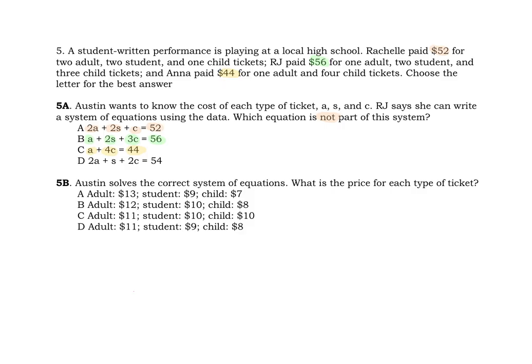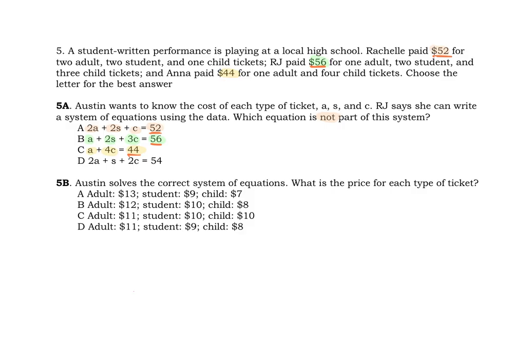So I can see the $56 and 56 here. And it's 1 adult, 2 student, and 3 children. And then Rachel's 52, and that's 2 adult, 2 student, 1 child, so that one works. And Anna's 44, and that is 1 adult and 4 children.